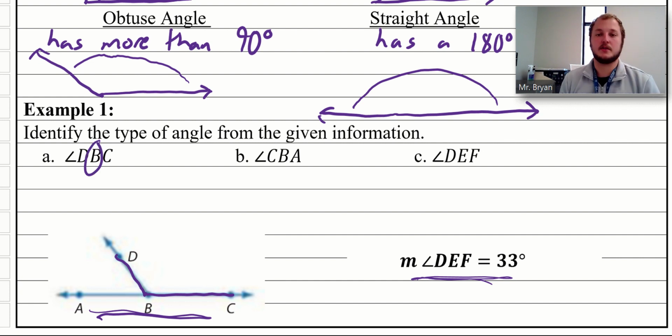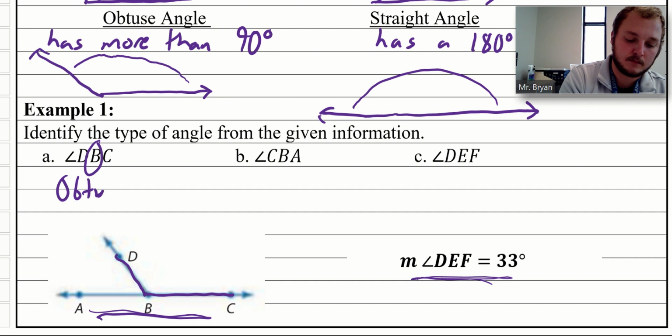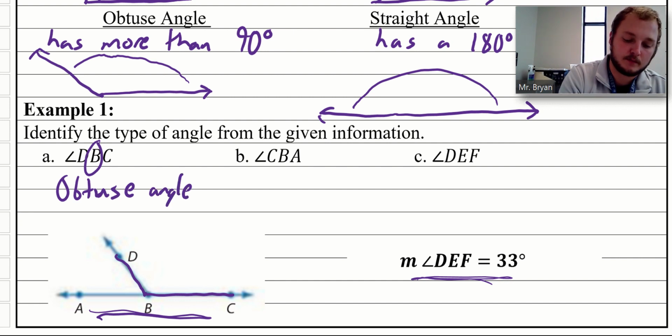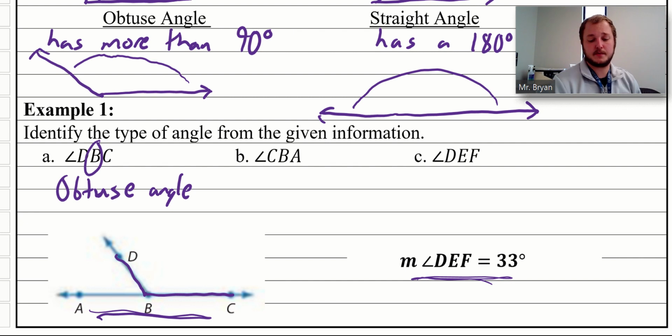So the question is, what type of angle is this? If I'm thinking about how I go around the circle, 90 would be right here. This is past 90, it keeps going. So this would be obtuse. That is an obtuse angle. And I'll write angle with it as well. That's all you need to do for these kinds of problems.